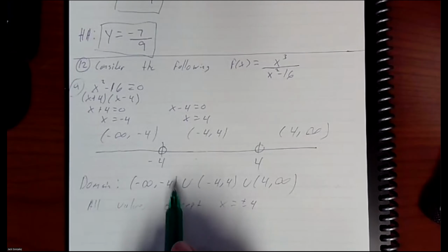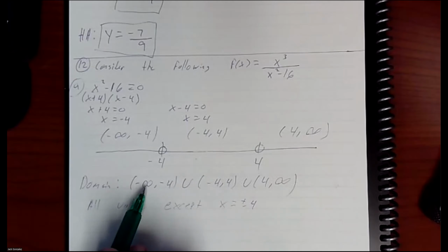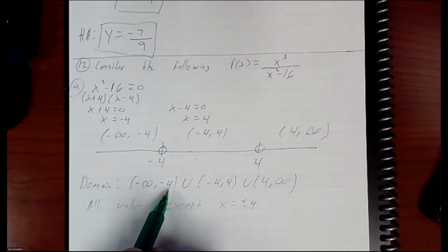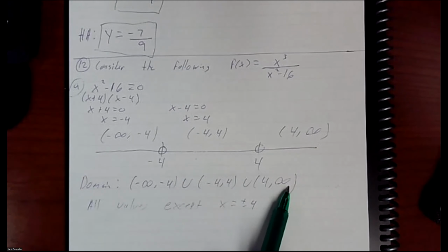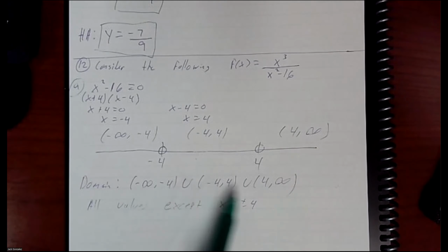If you put a bracket, that's understood to mean all the way until -4 is fine. Parentheses means right before -4 is fine. And infinity is not a number, so you can never put a bracket on that.